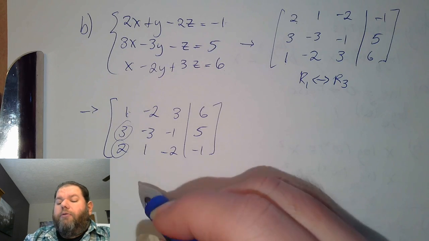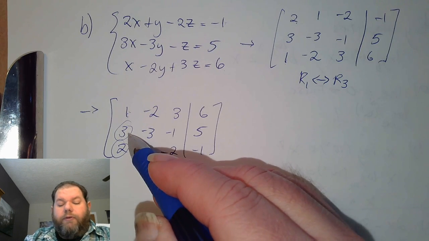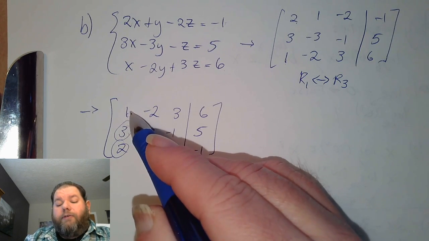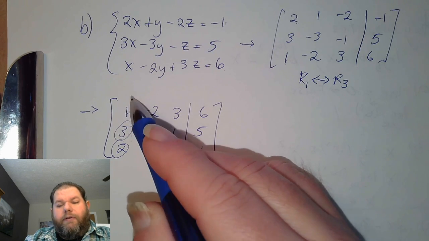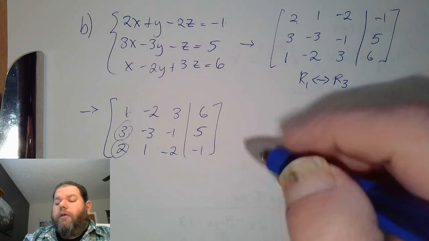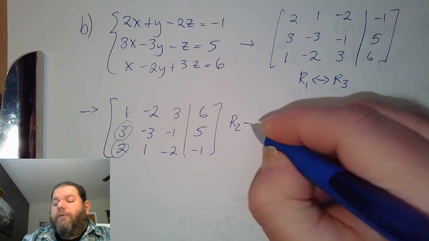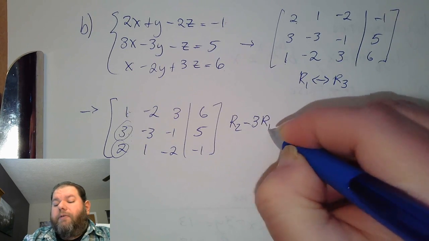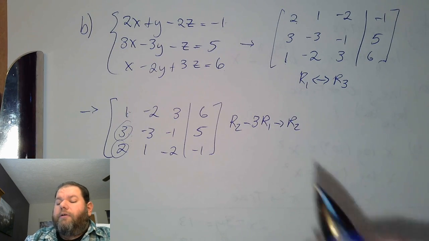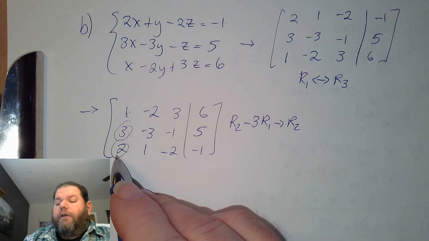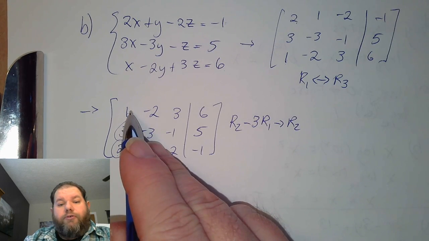So we have 3 right here on row 2. So if we subtract this 1 three times, we'll make that into a 0. 3 minus 3 will be 0. So we have to take row 2 and subtract row 1 three times. Make that the new row 2. We'll also take row 3 and subtract row 1 twice.